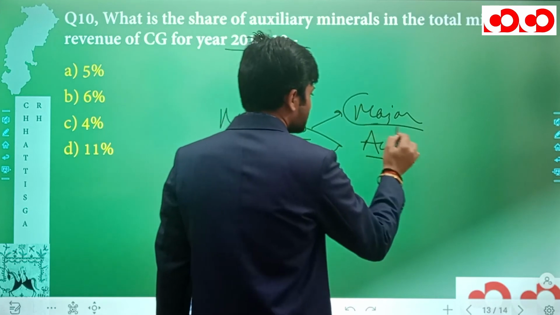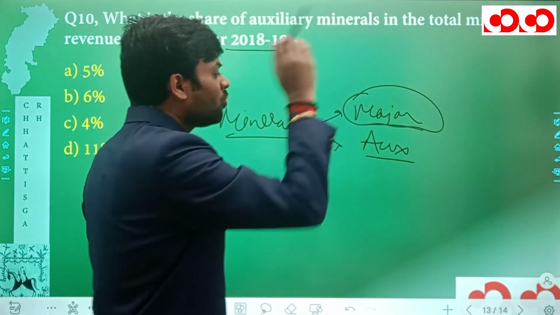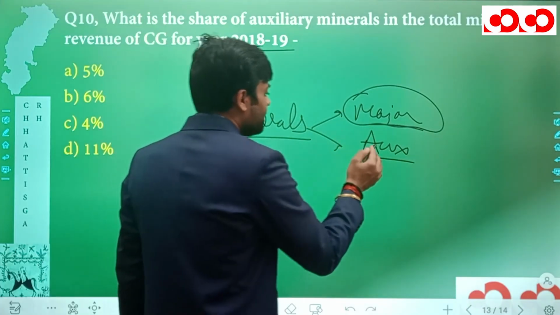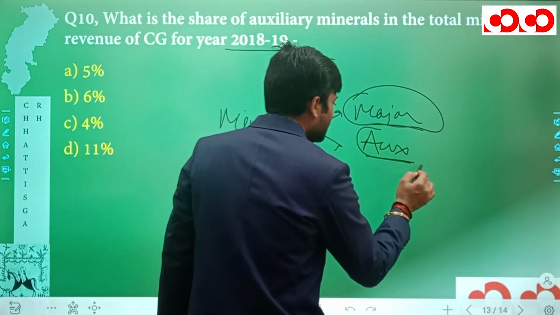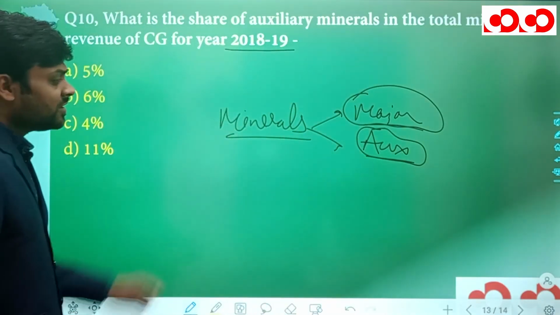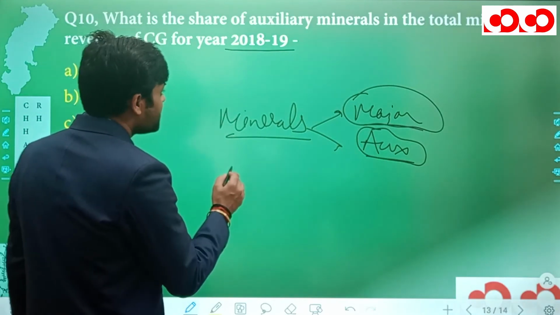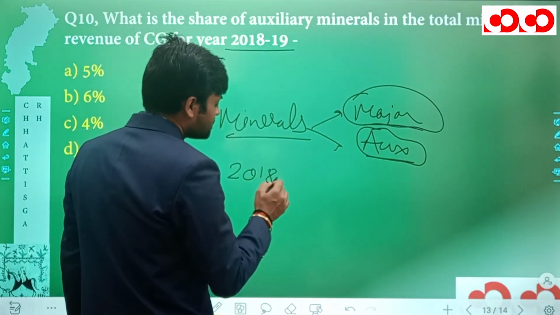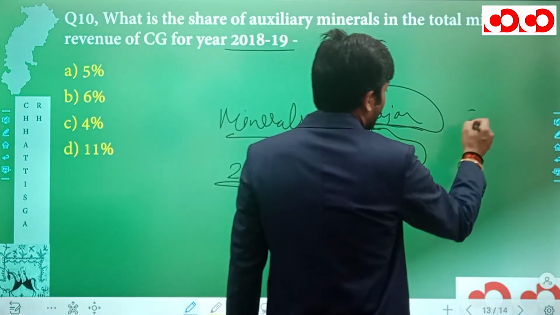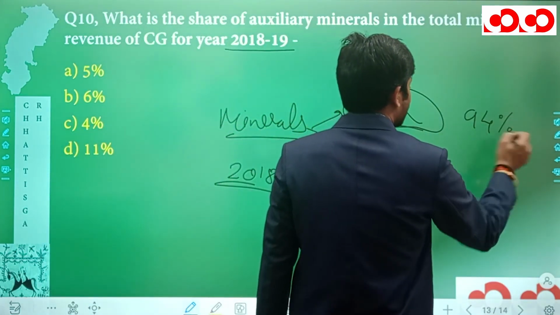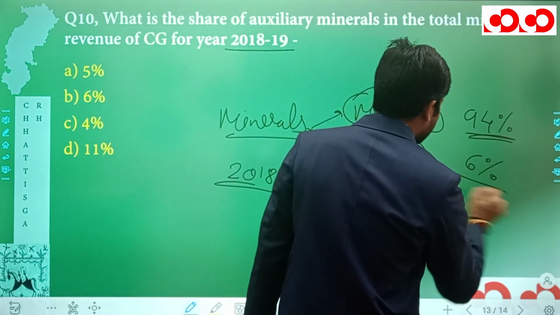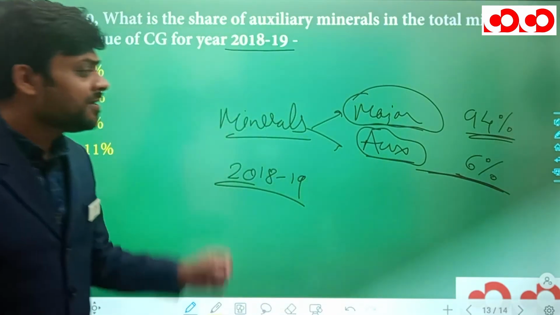The major minerals include minerals like coal, iron ore, etc. While the auxiliary group includes the minerals which are found in very small quantities, like some of the stones, granites, these kinds of things. Now, out of the total mineral revenue for the year 2018-19, 94% of the share was provided by the major minerals, and 6% was provided by the auxiliary minerals.